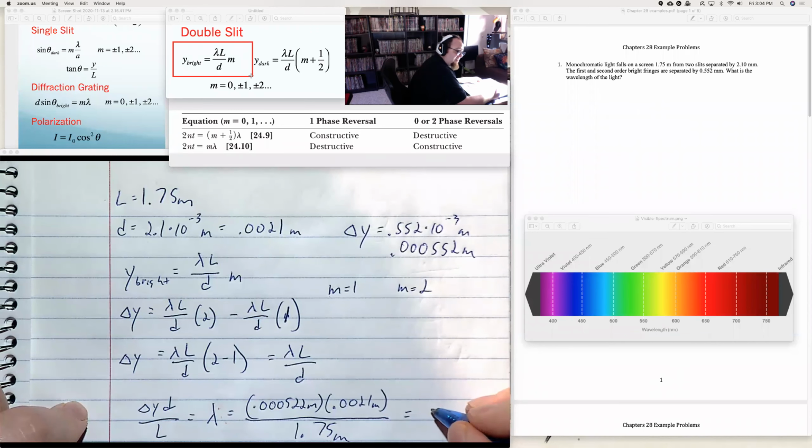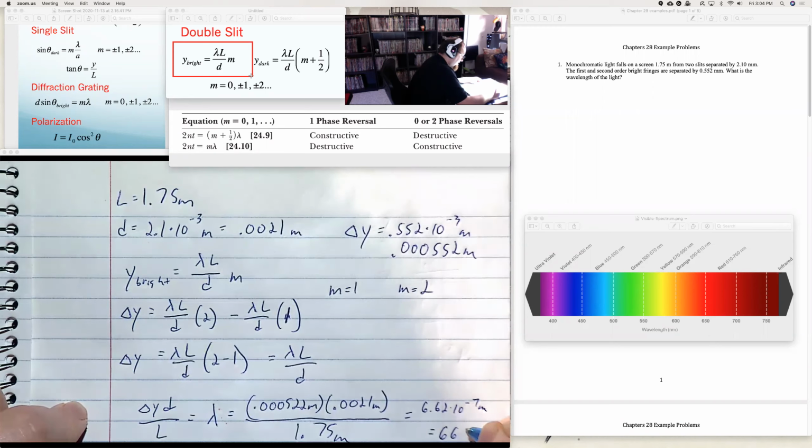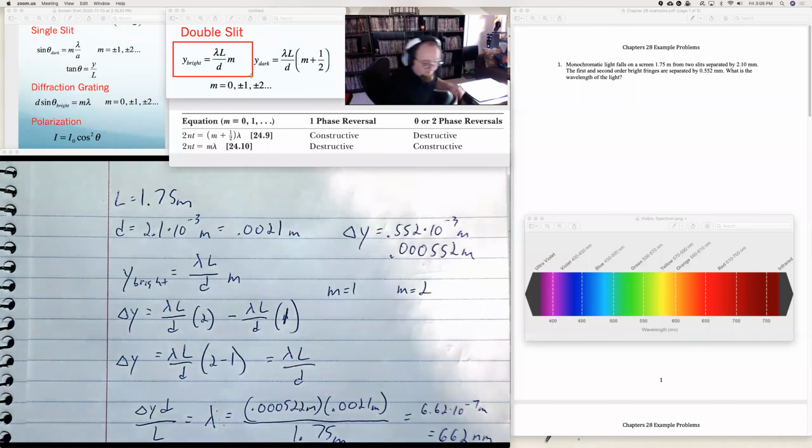And doing that math, I get 6.62 times 10 to the negative 7, which is the same as 662 nanometers.